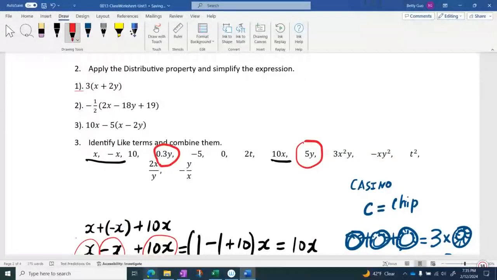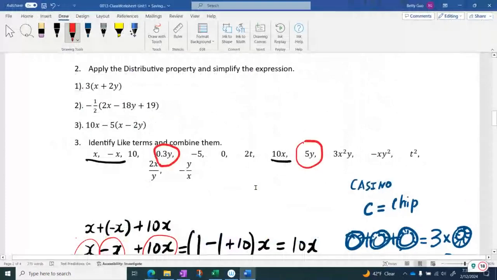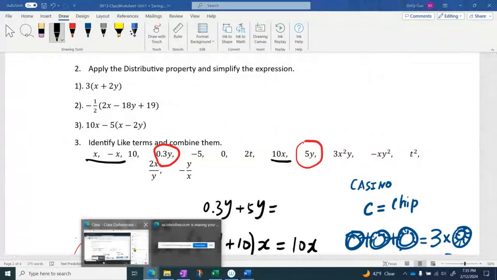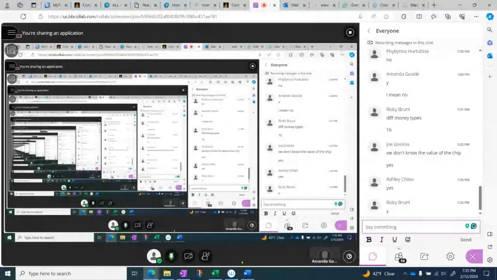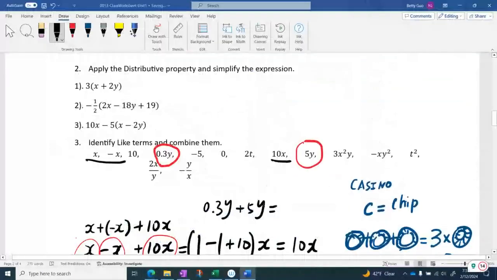So here we have the y, right? Do you agree that 0.3y and 5y, those 2 terms, are like terms that we are able to combine? Let's combine them. 0.3y plus 5y. So how do you combine them? You can see y as what?